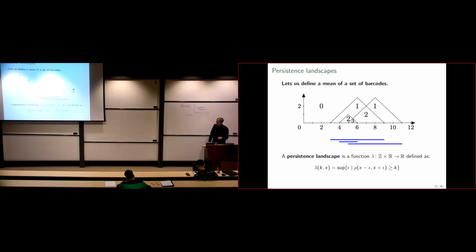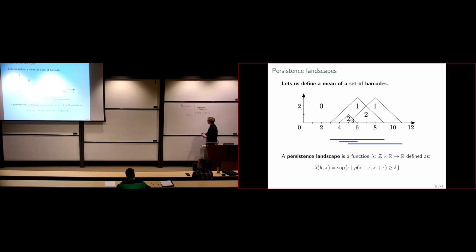So k is in this case 1. The rank invariant computes the rank of this map from x minus epsilon to x plus epsilon, and the rank of the map just counts the number of bars, essentially: the number of bars where you started, and how many of those survived until the end.